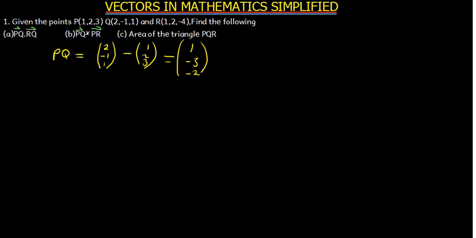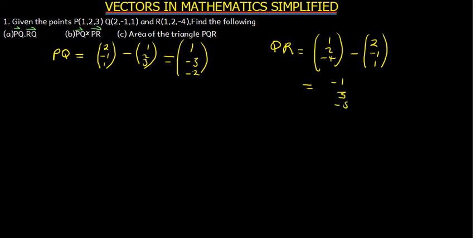And then we can also get QR, and this is just R, which is (1, 2, -4), minus Q, which is (2, -1, 1). So we subtract: 1 minus 2 is negative 1, 2 minus negative 1 is 3, negative 4 minus 1 is negative 5.